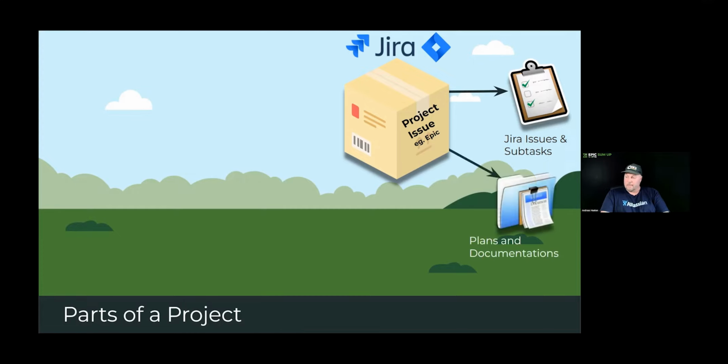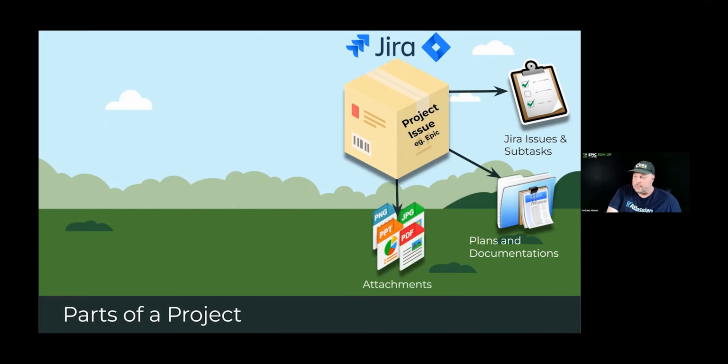The next thing that is part of a project is something like plans and documentation. This can be done by connections to Confluence, which is quite common, but could also be links to other documentation areas or tools or whatever. So the idea is that from the project issue, you have a connection to everything that you need, so that you can reach all the information with a few clicks only.